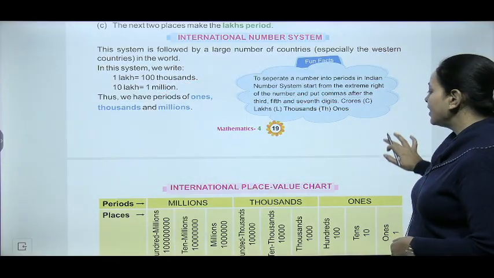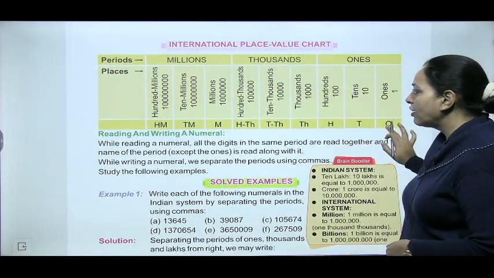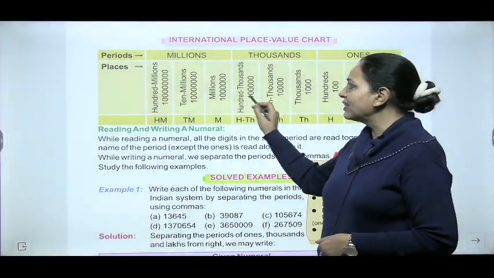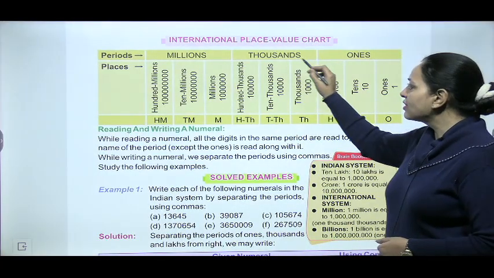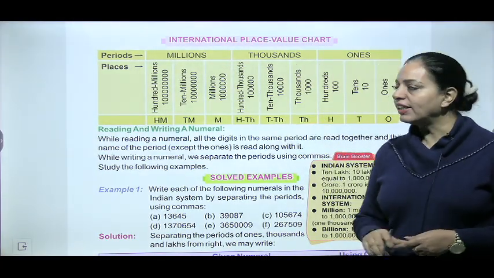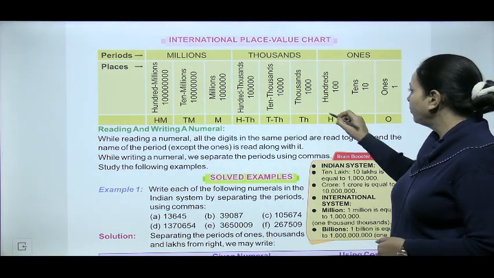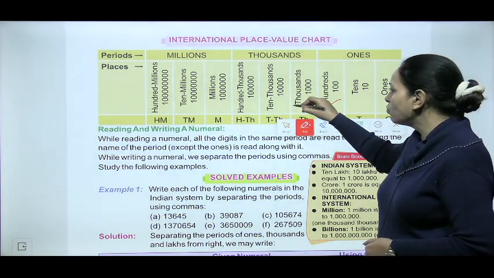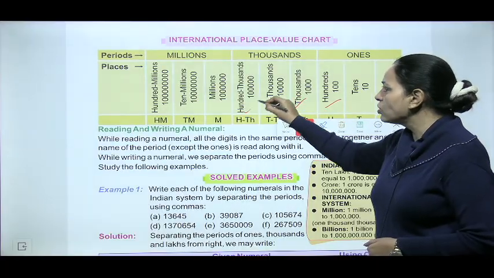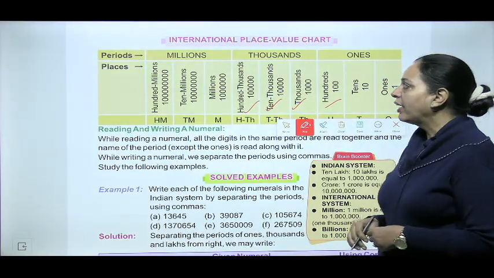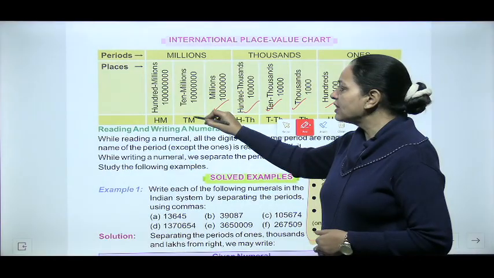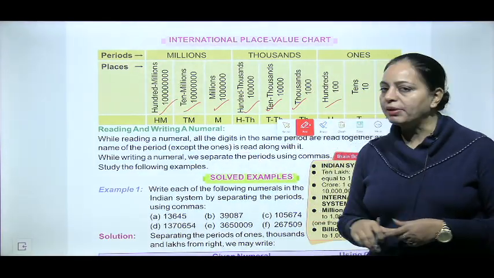Now the next is the international place value chart. Here periods, places. See here ones, thousands and millions. Under ones we have ones, tens, hundreds. Under thousands we have thousand, 10,000, 100,000, and under millions we have millions, 10 millions and 100 millions.